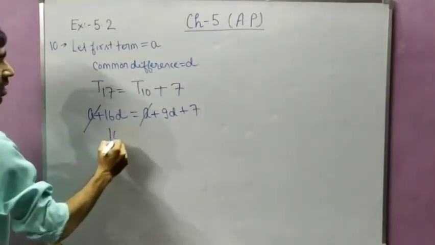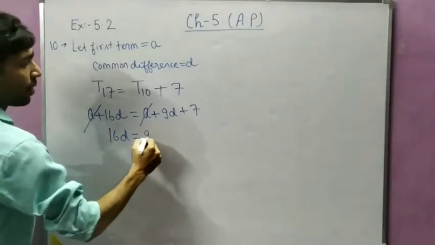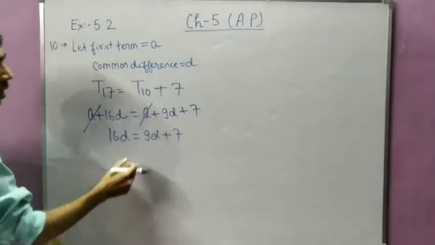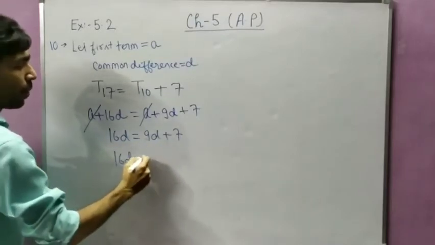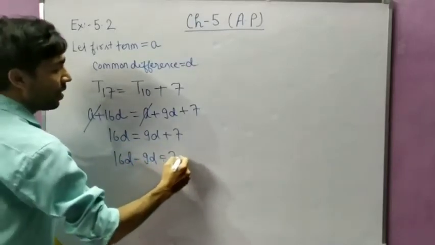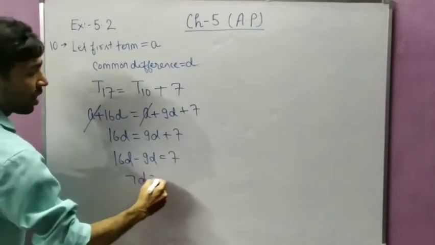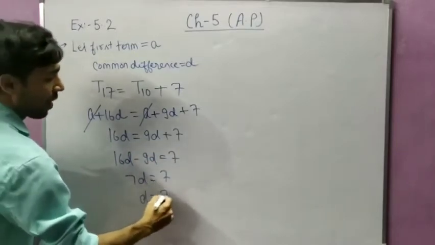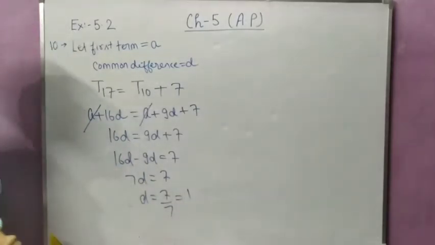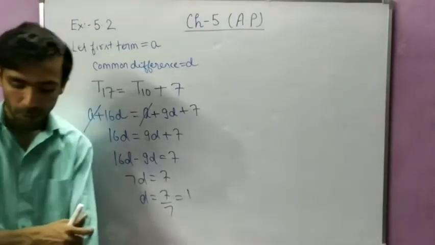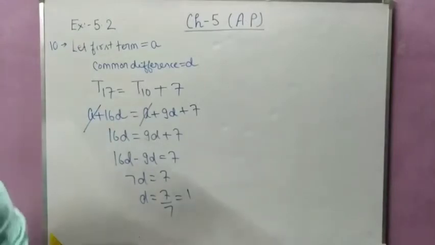Now 16D is equal to 9D plus 7. When this is transferred from that side to this side, 16D minus 9D equals 7. So 7D equals 7. So D will be equal to 7 by 7, that is 1. Hence, the value of the common difference is equal to 1. Okay? Very simple question it is.